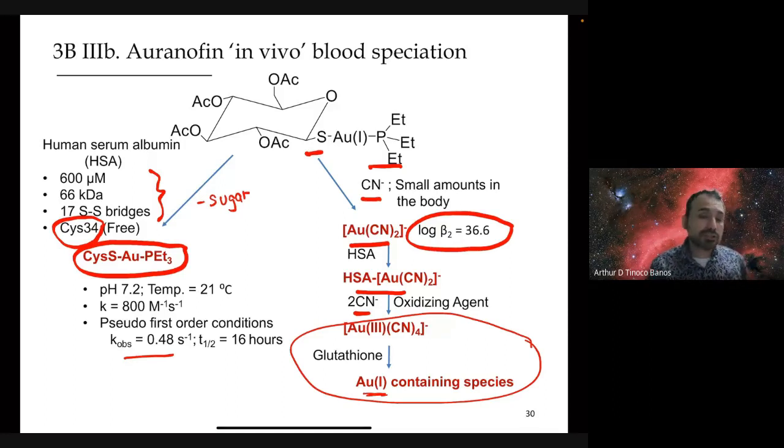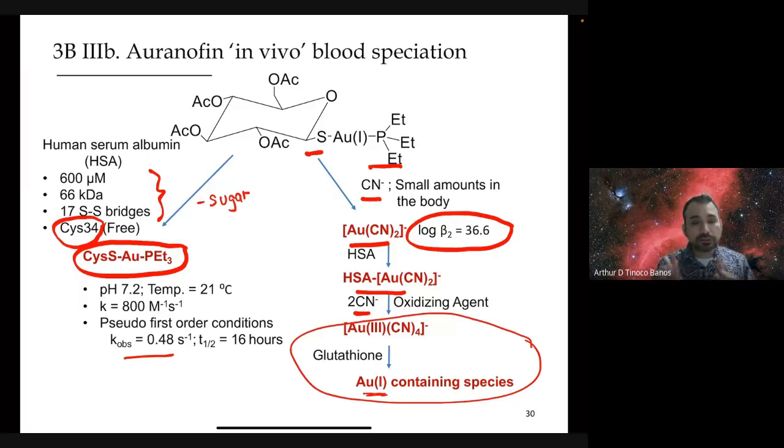That is in contrast to what we talked about as far as the application of auranofin for an anti-cancer application, where you do want to minimize how much dissociation of this complex occurs, because you want to retain a certain component of it so that it can have a relatively fast uptake into cancer cells so that the gold is able to reach its targets.